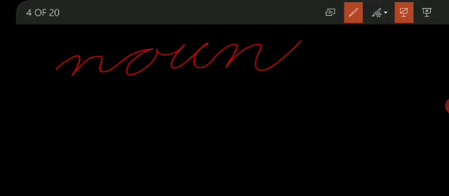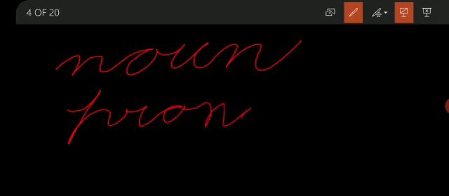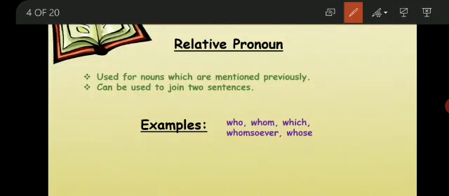It means when we are having four or five sentences about the same noun, instead of using the noun again and again, we use a pronoun for it. So a noun can be replaced with a pronoun, and relative pronoun is further a type of pronoun.